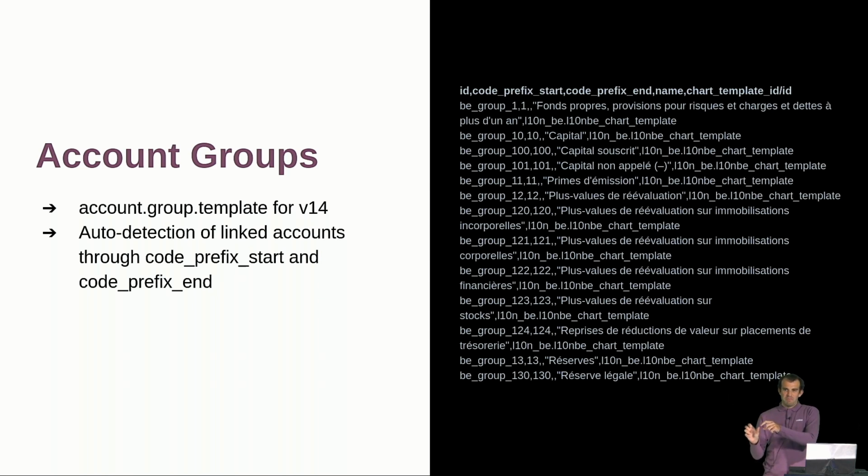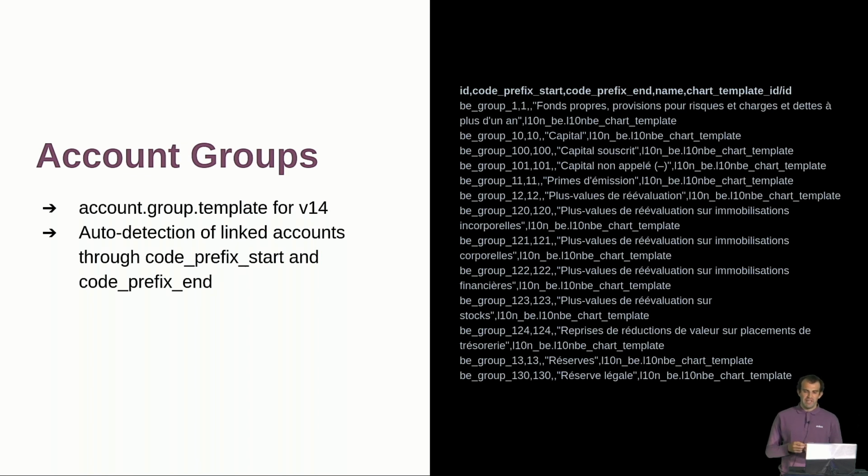But the accountant wants to know a bit the structure of the tree above, and that's why we added these account groups. They were actually done by Pedro Baeza, and that was his idea at the time, I think, or he pushed for it.